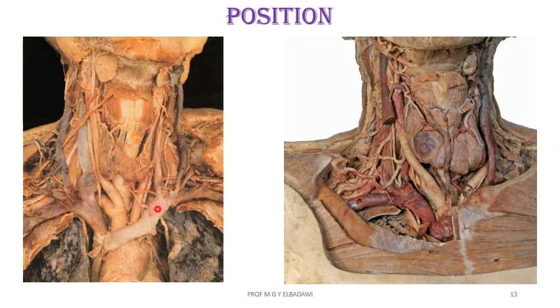Here you can see the left innominate vein and the right innominate vein, which will unite to form the superior vena cava. And you can see some veins coming from the thyroid gland here. It could be one of the inferior thyroid veins, this one here.